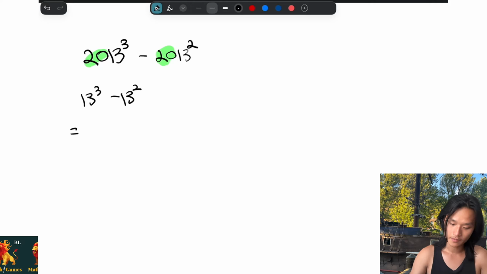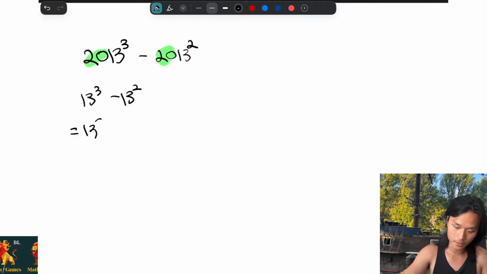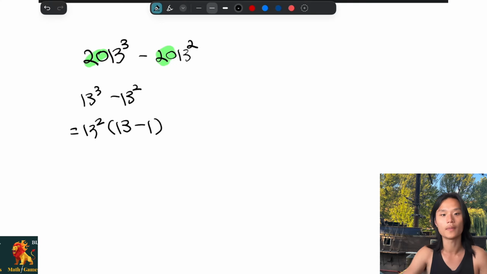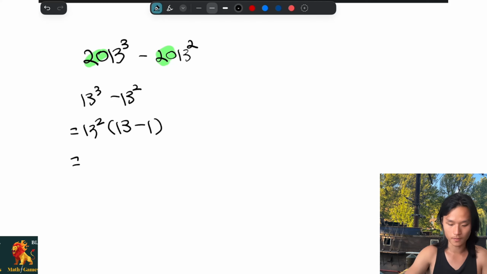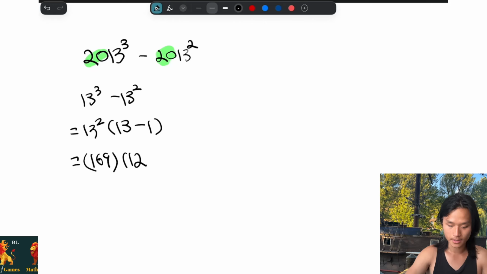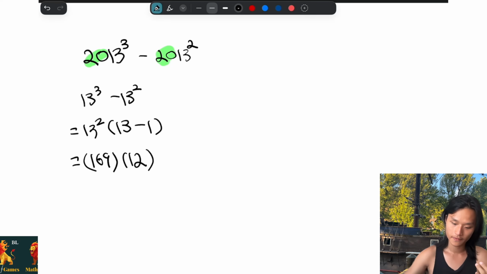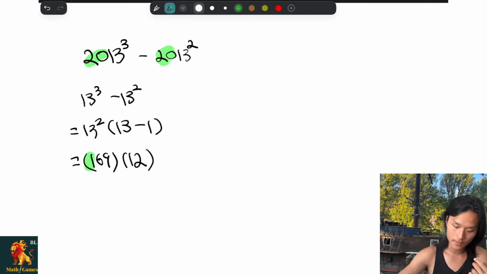One way to simplify the calculation is we can factor out 13 squared. So we are left with 13 squared times (13 minus 1), okay? So 13 squared, we know it to be 169. And then 13 minus 1 is 12. You notice something here. In fact, we can ignore the 1 bit.